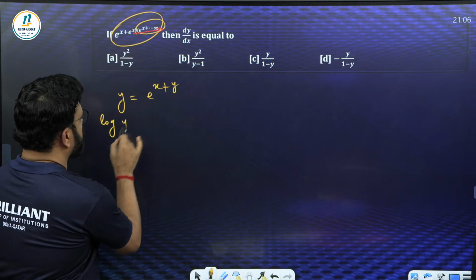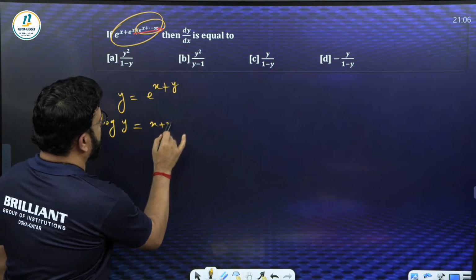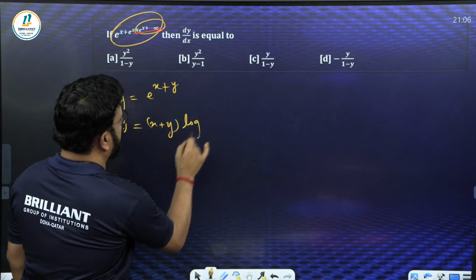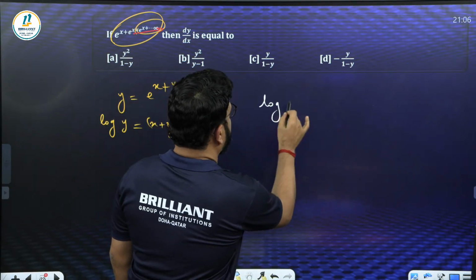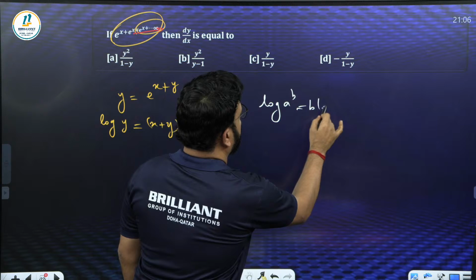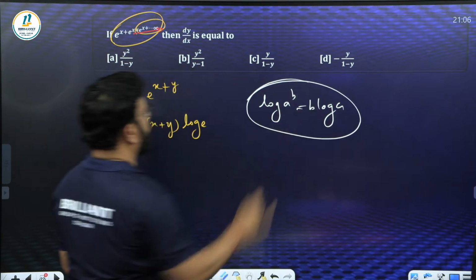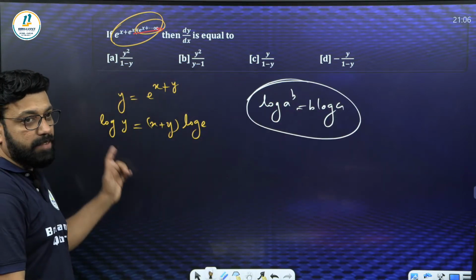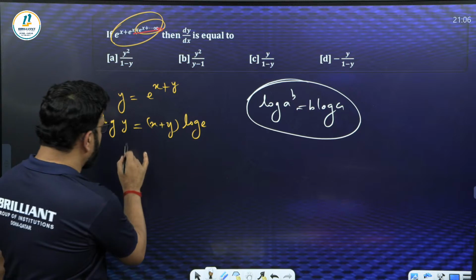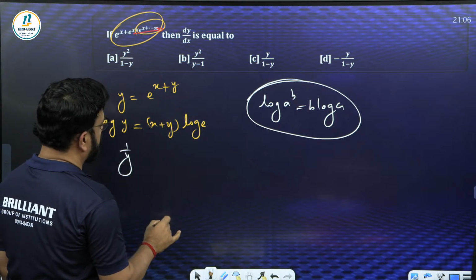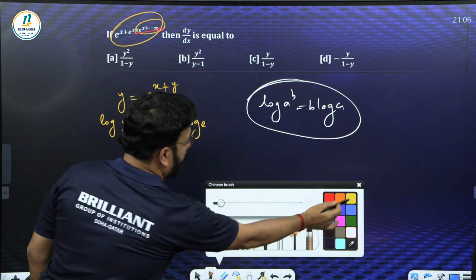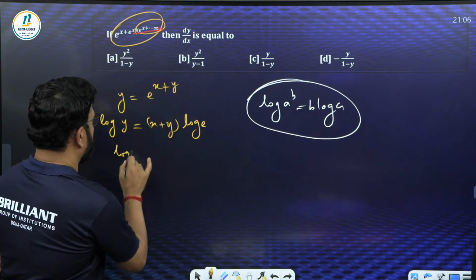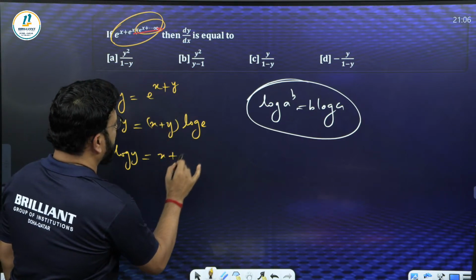Log y equals x plus y into log e. You know the result: log A raised to B goes to B log A. That rule I applied here. Before taking the derivative, what is log e?